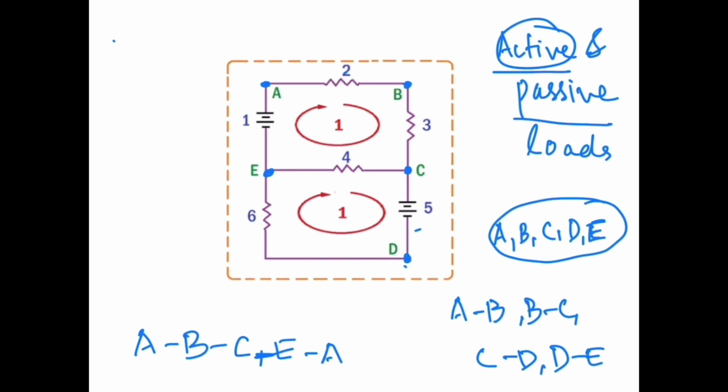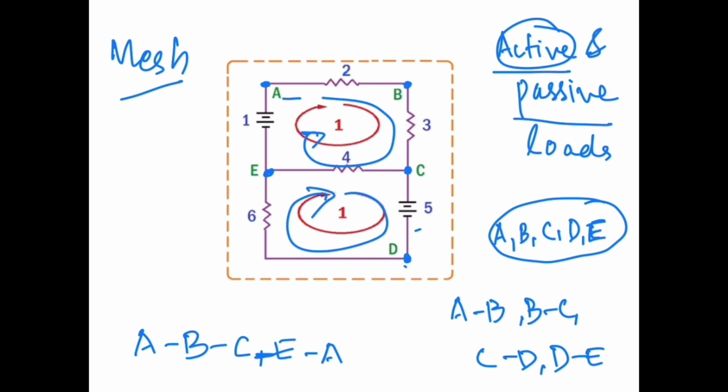A mesh is the smallest or shortest closed path in a network. We can see this is one mesh.